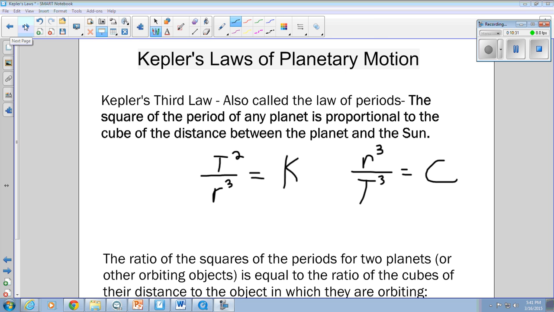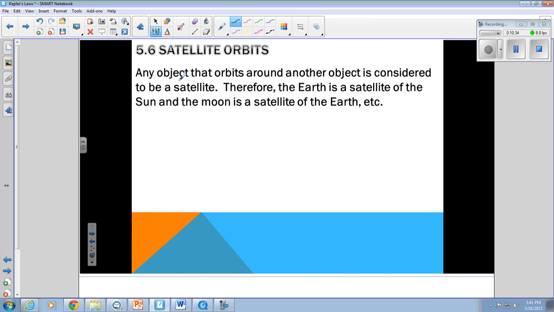And just a little bit about satellite orbits. Any object that's orbiting another object is considered to be a satellite. So you've got Earth, that's a satellite of the sun. The moon we consider a satellite of the Earth. And just to go back to what I was talking about, satellites just obey the laws of Kepler.